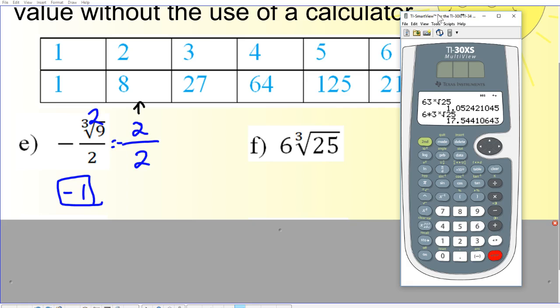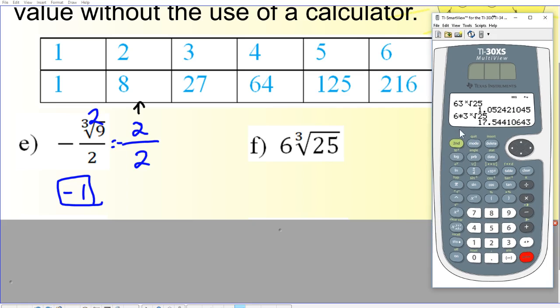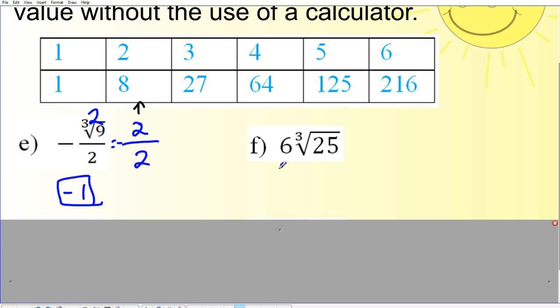Let's see if the calculator even gave us close to the right answer here. It looks like that would be the right thing to do, but I'm not positive. So I know it's going to be 6 times whatever this cubed root gives us. So the cubed root of 25 is over here, a little bit less than 3. And so I would approximate this guy to be about 3.